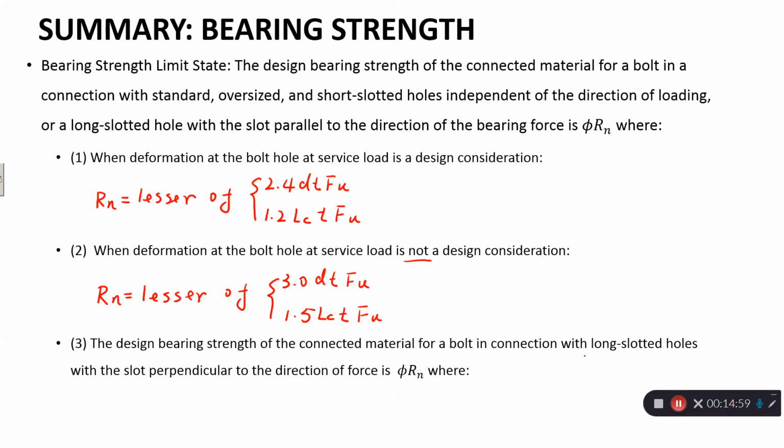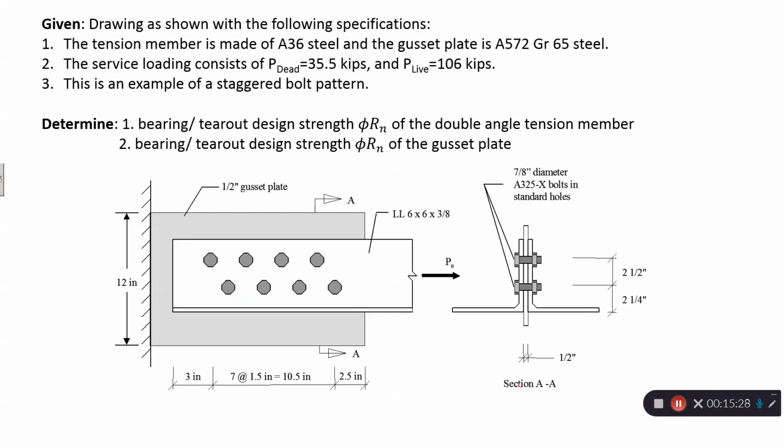And when you have long slotted holes, Rn will be reduced to 2.0 d t Fu or 1.0 LC t Fu.